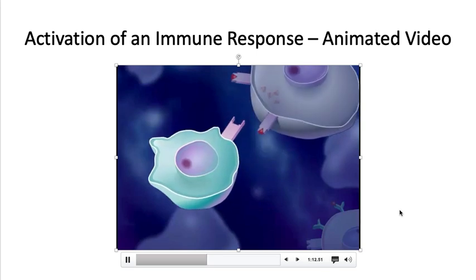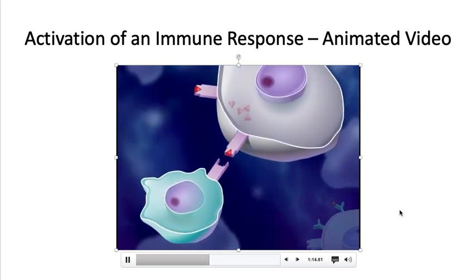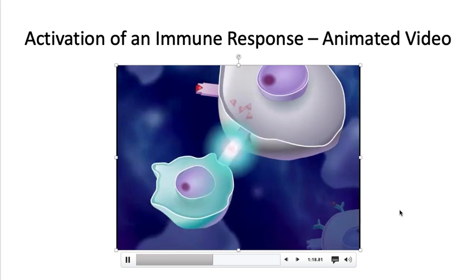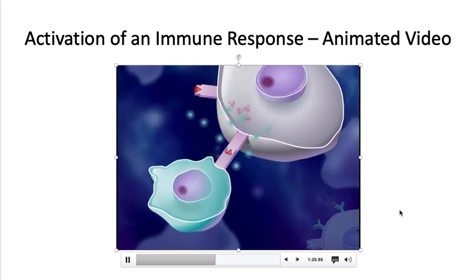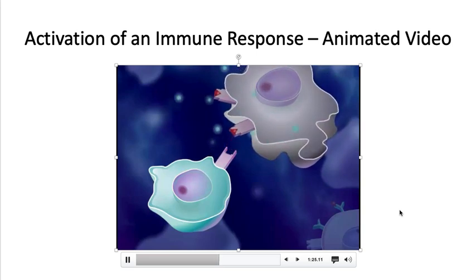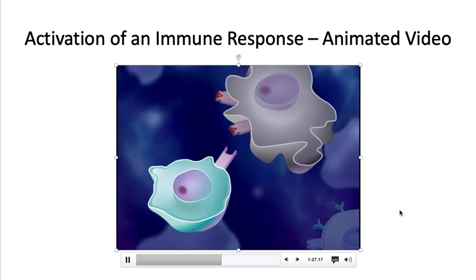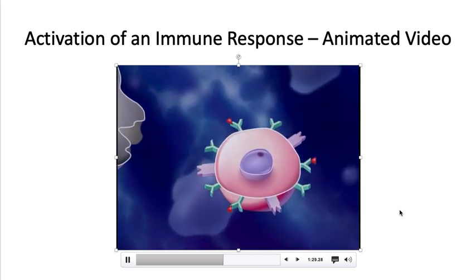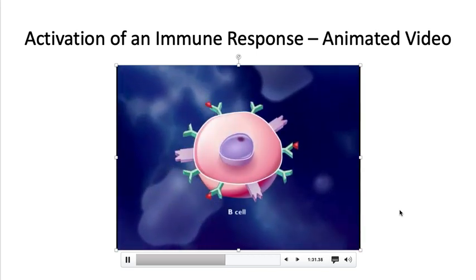The cytotoxic T cells that are capable of recognizing the antigen displayed on the surfaces of infected cells bind to the infected cells and produce chemicals that kill the infected cell. Death of the infected cells results in destruction of the pathogen. B cells also come in millions of different types, each able to recognize a particular antigen.